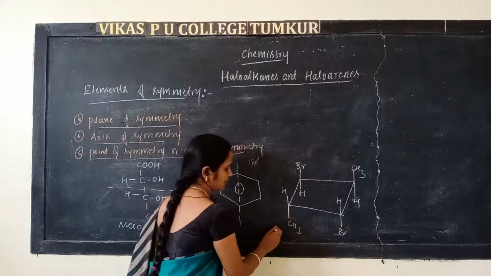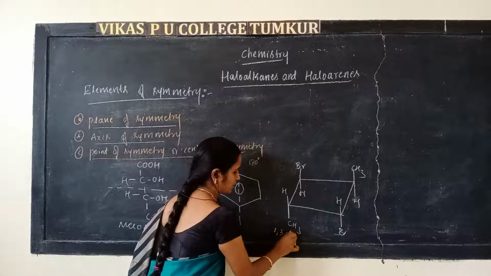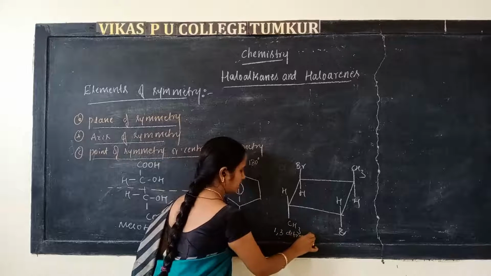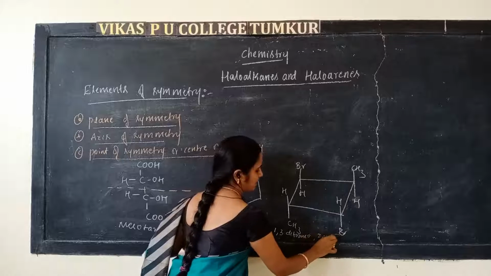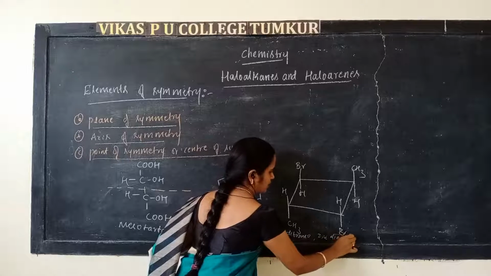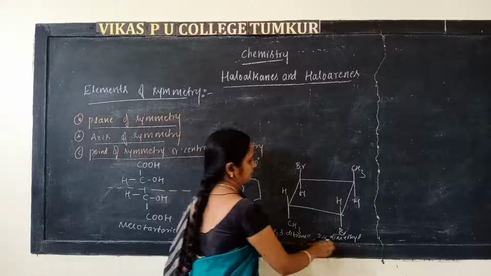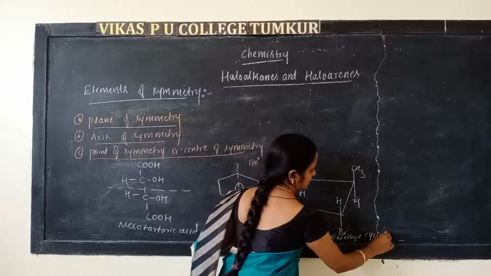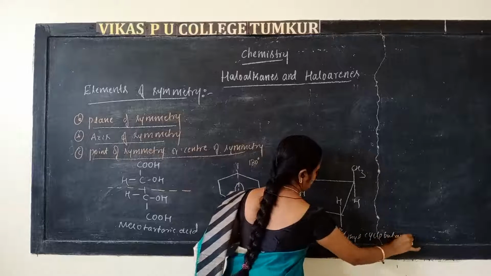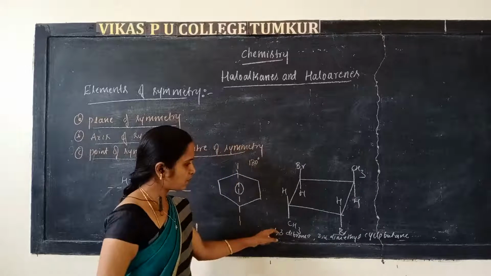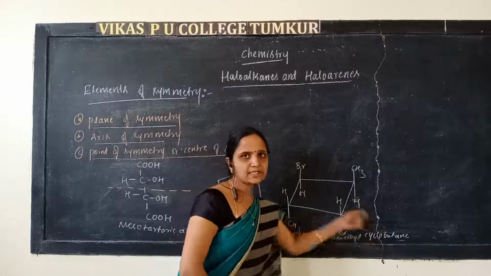The name of this compound is 1,3-dibromo-2,4-dimethyl cyclobutane.